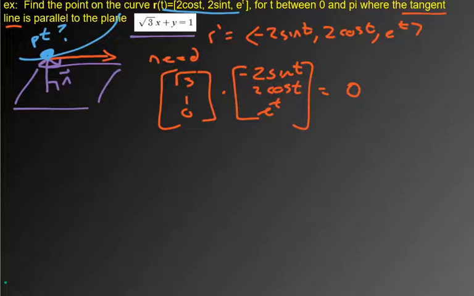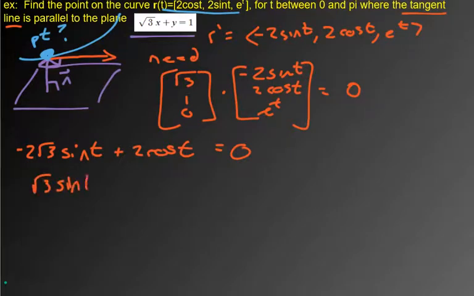So let's see, we got negative 2 root 3 sine t plus 2 cos t plus 0 needs to equal 0, I'm just doing my dot product. You got a 2 in both those, so you can take a 2 out.